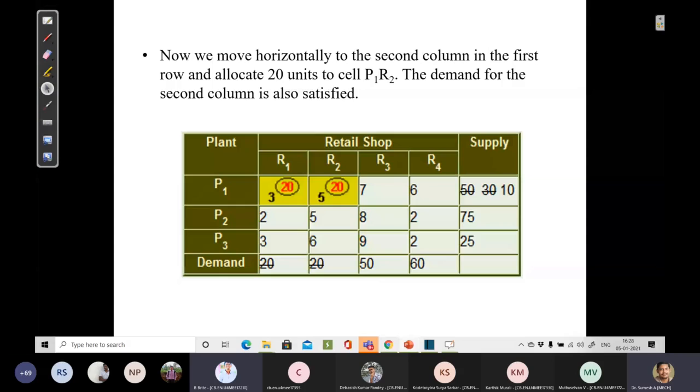If we are providing P2 R3, what value will you provide? 40. Okay, so balance will be there. Then P2 R4. Yeah, so that's the way you can proceed.